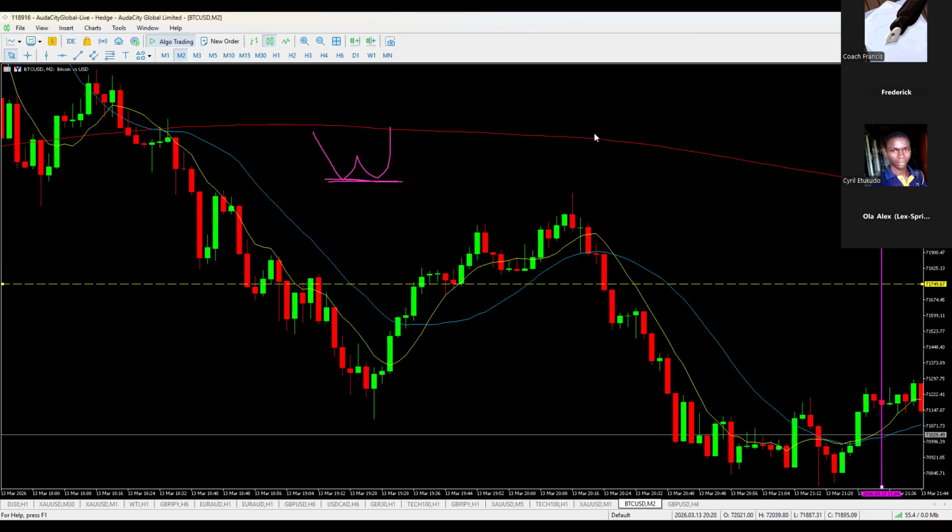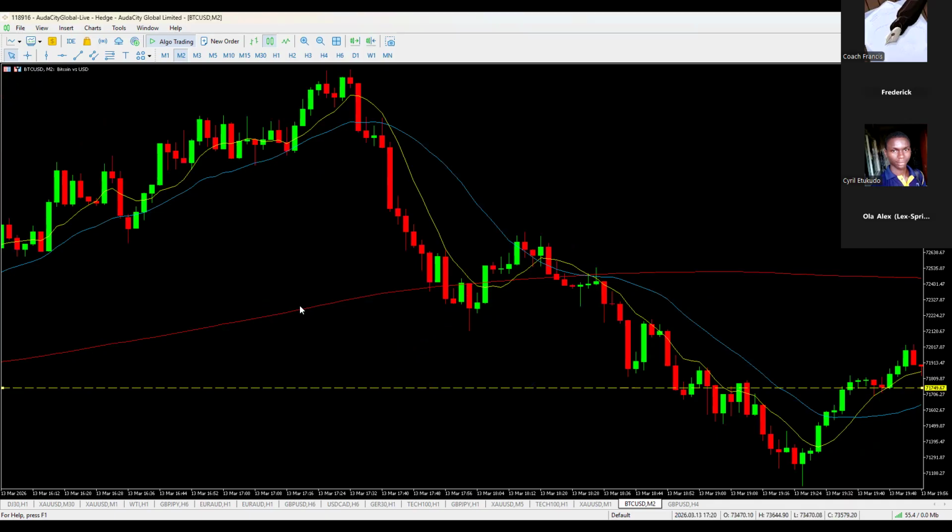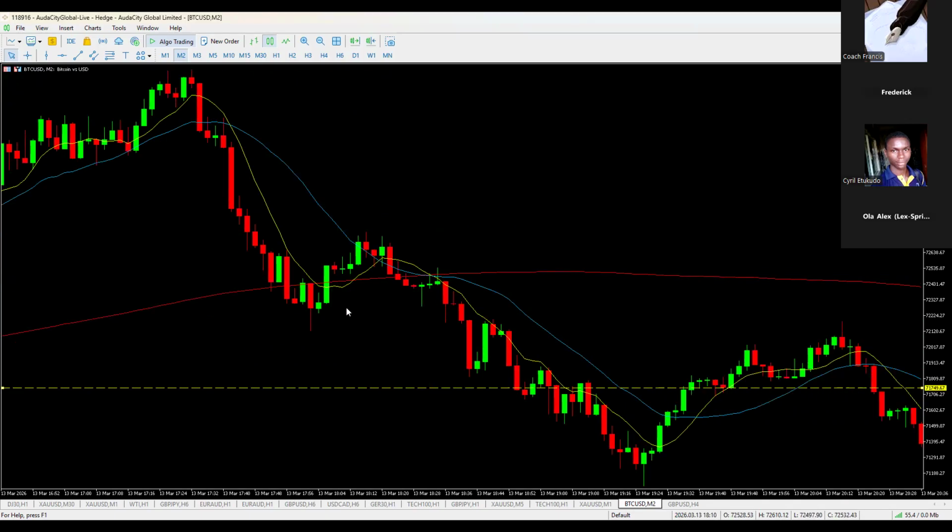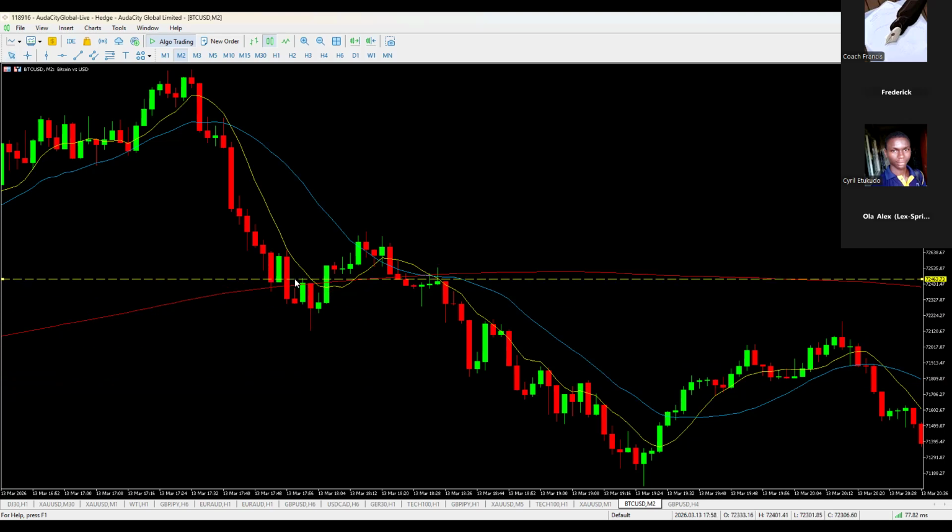Okay, so let's quickly press on and look for another example. Maybe we'll find a W formation this time. Okay, so you see what I mean? This was a V. It came down, it went up, and we lost it. 1 and 2 were taken out.